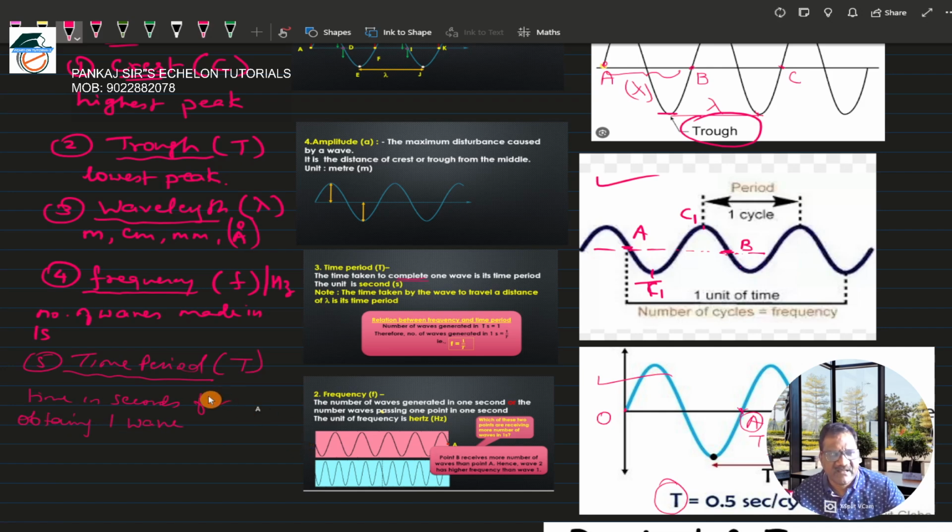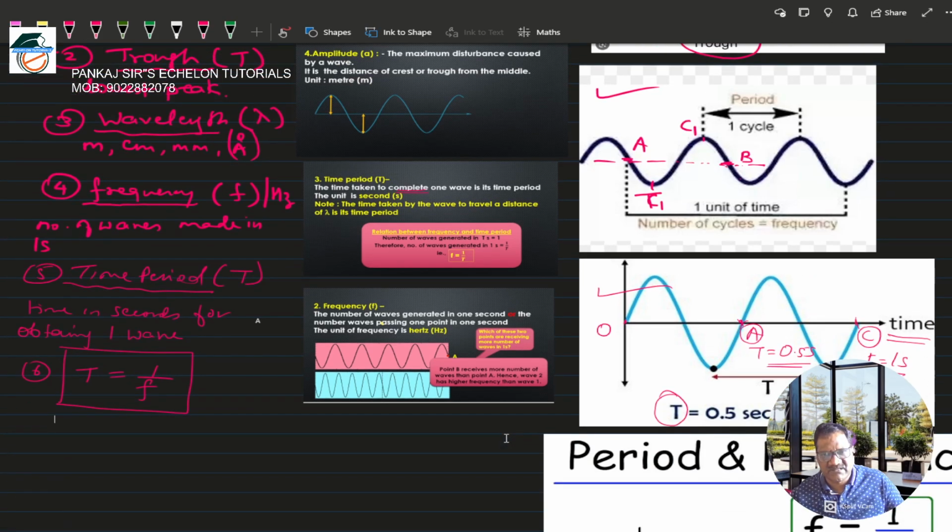Since we have understood these terms, before coming to the next term, let me tell you there's a relationship between frequency and the time period. The time period is the reciprocal of frequency. If you see the definitions, it will be very clear that time period and frequency are inverse of each other.